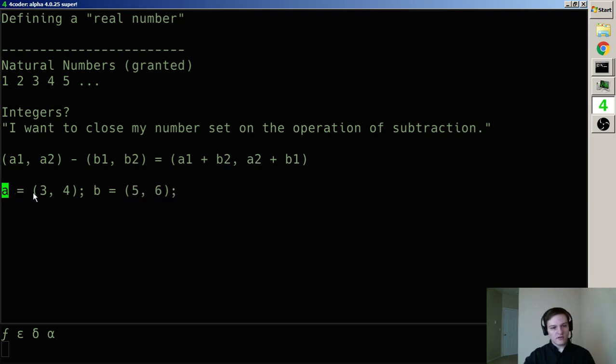These two pairs look different, 3, 4, and 5, 6. They are not the same pair. But it does seem that if we're trying to use these as 3 minus 4 and 5 minus 6, those should be the same if we're talking about integers. So that's why these are only integer representatives. What is an integer? An integer is the set of all of the pairs that is equal, right?